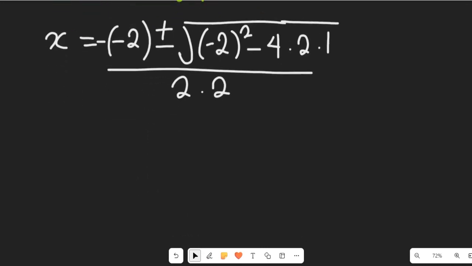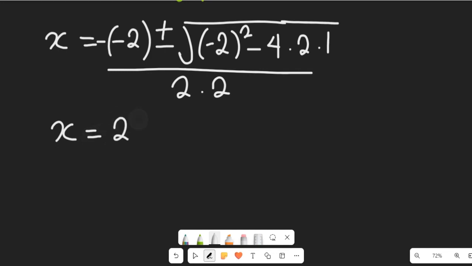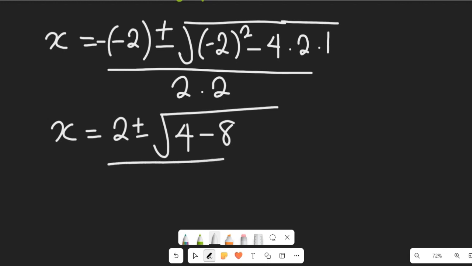So if we simplify this, we're going to have the value of our x to be equal to 2 plus or minus, times minus will be plus, the square root of negative 2 squared is going to give us 4, minus 4 times 2 is 8, and all this will be divided by 4.